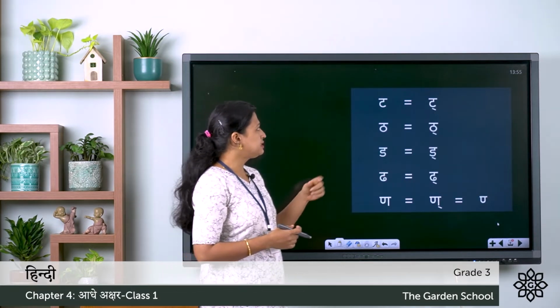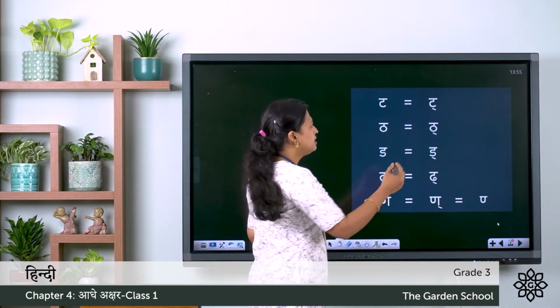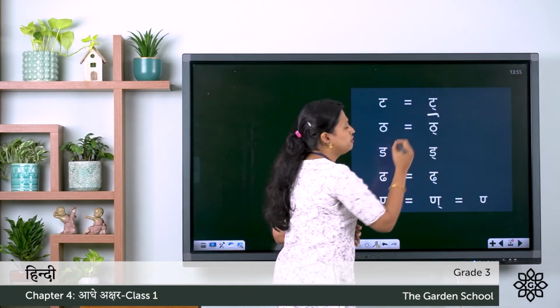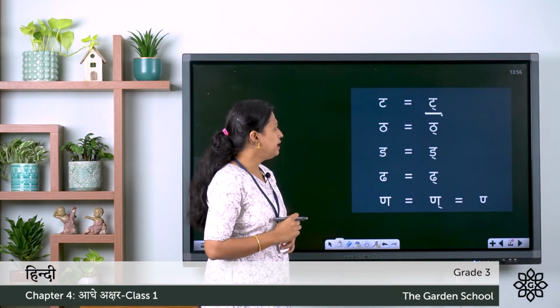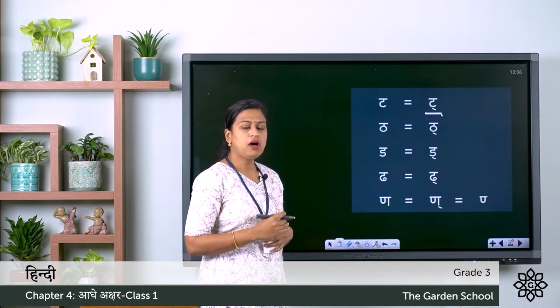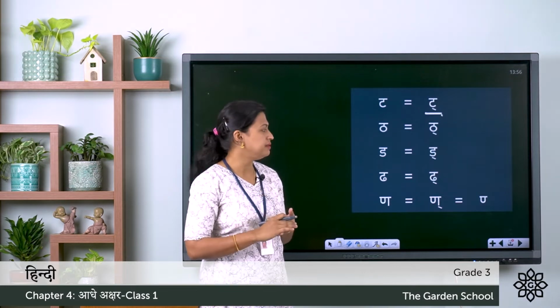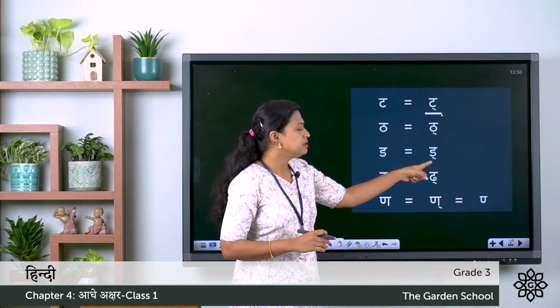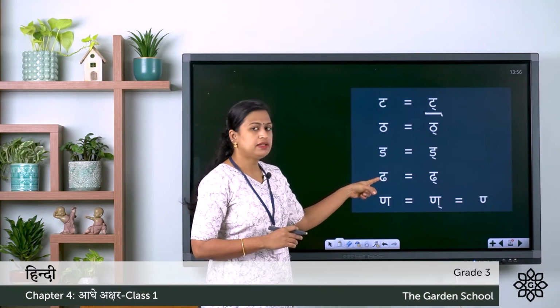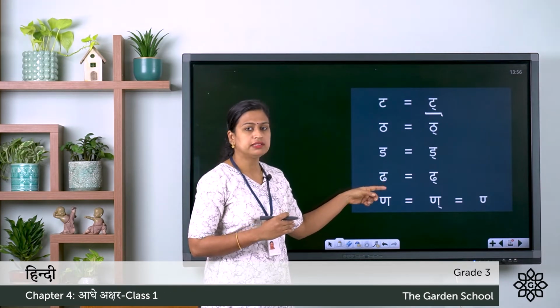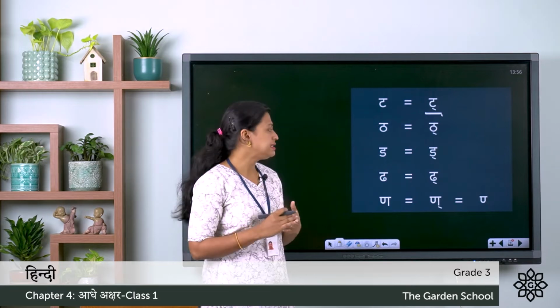Now the next one is ta, and this is the half form for ta, the letter with the hal symbol. Next one is tha. Tha is also written with the halant symbol. Da is also written with the halant symbol. Next one is dha. Dha is also written with the hal symbol.